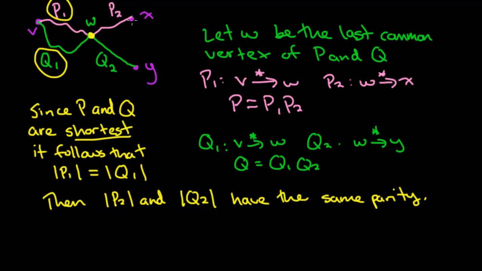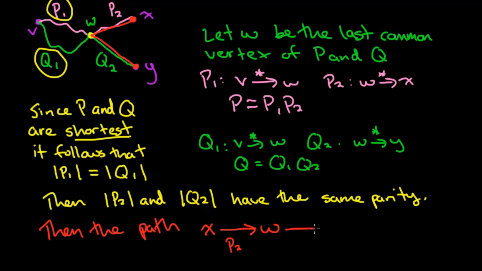But now what that means is if you look at the path, I'll draw in red, the path that goes from x to w using P2, but going in the reverse direction, and then continuing down Q2 to get to y, we know that this has, in total, even length.